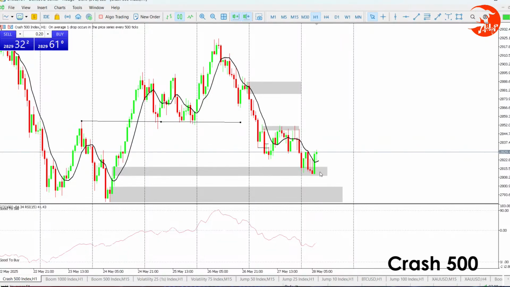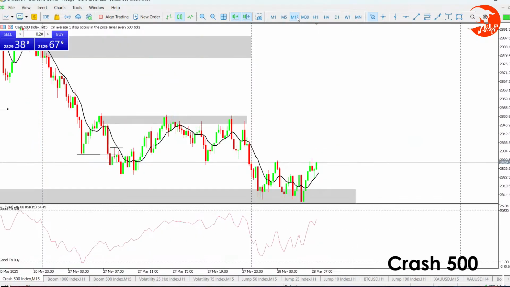But before we do that, from H1's perspective, we will see something that may hold price.